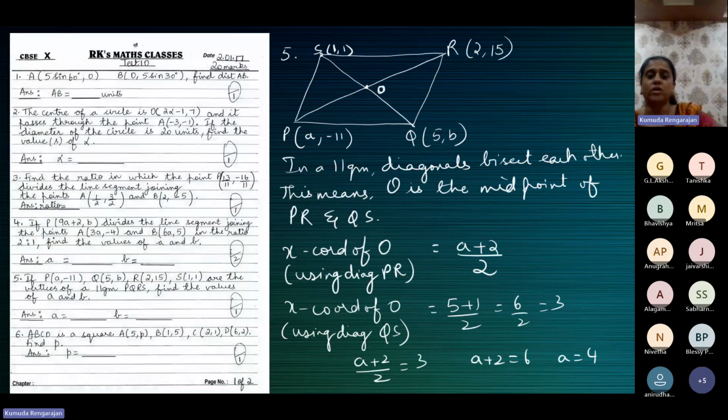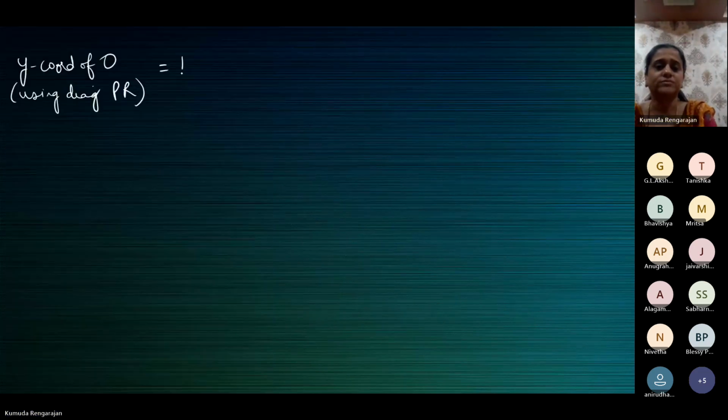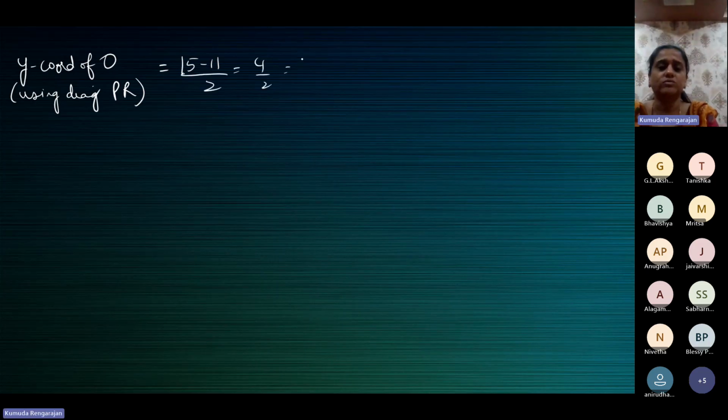How do you find the y coordinate of O using the diagonal PR? y1 plus y2 by 2, because that's the midpoint formula. To get the x coordinate of the midpoint, it is x1 plus x2 by 2. To get the y coordinate of the midpoint, it is y1 plus y2 by 2. So 15 minus 11 by 2, 4 by 2, which is 2.